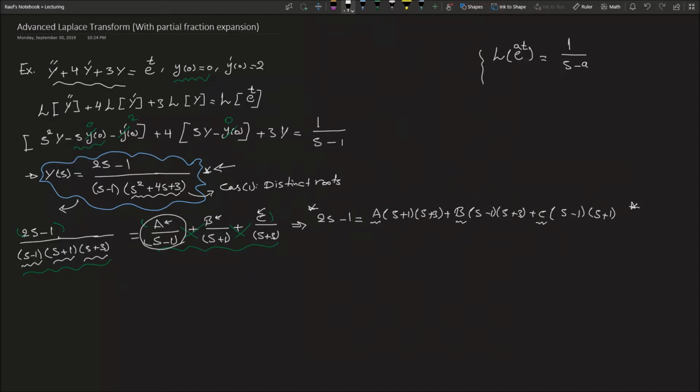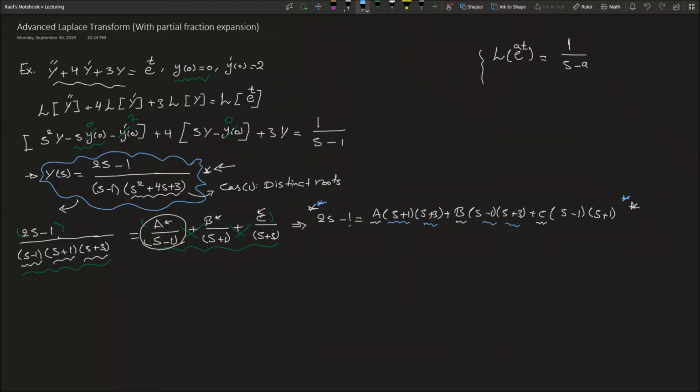Now don't be afraid that this equation looks lengthy. There's an easy trick that will solve your problem. As you can see here, these equations are in terms of s, right?